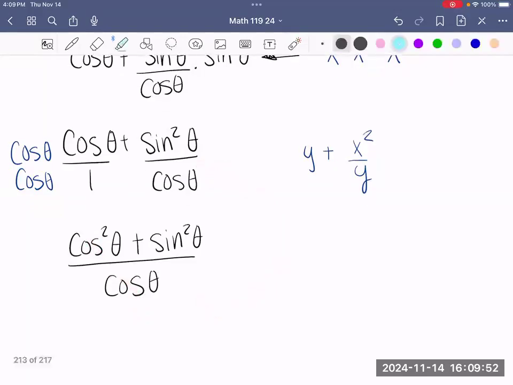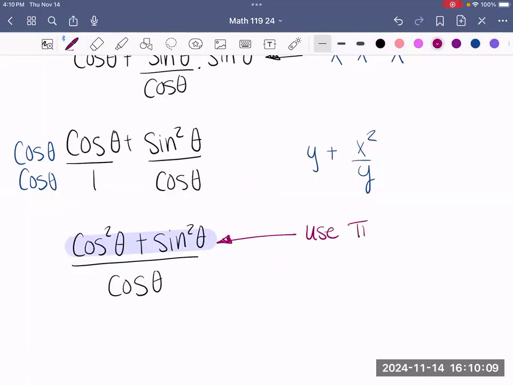Now, is there anything that you can now do? Well, we can use your trig function identity where we had sine squared plus cosine squared is equal to what, right? So here, now we can use your trig identity. We said sine squared plus cosine squared is equal to 1.